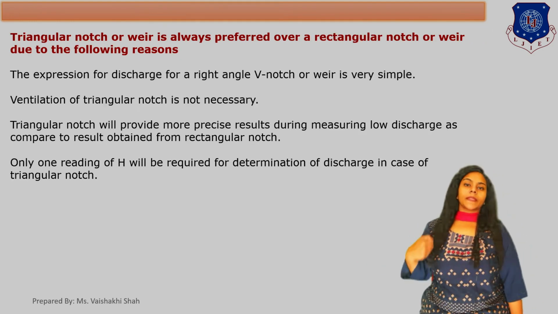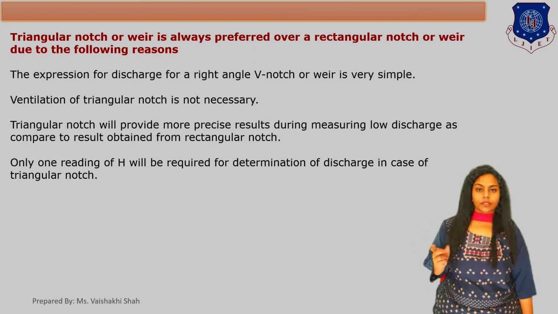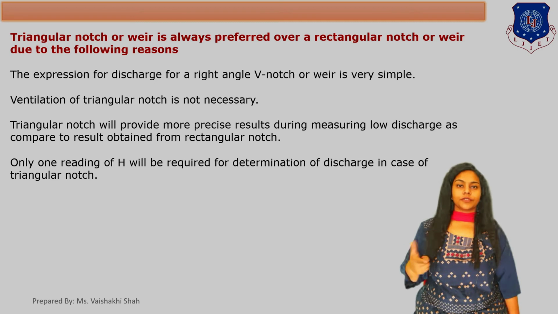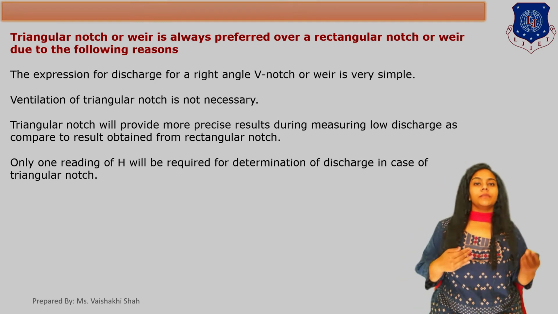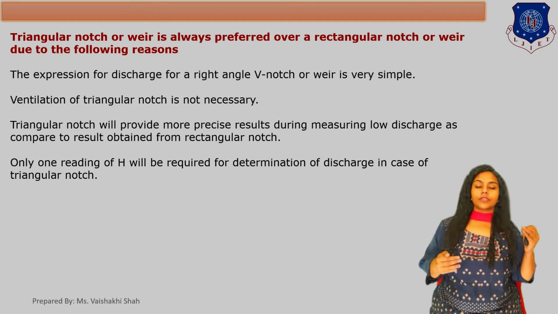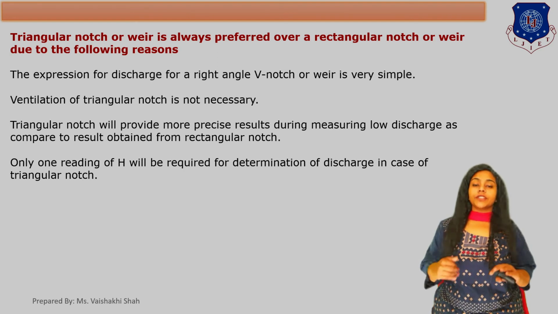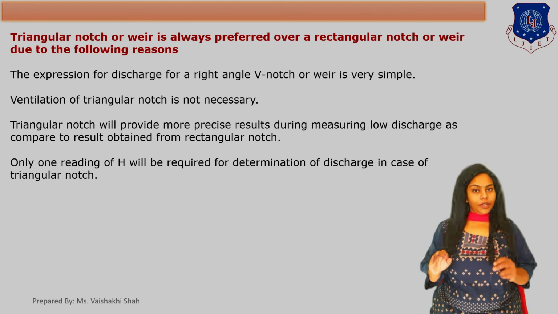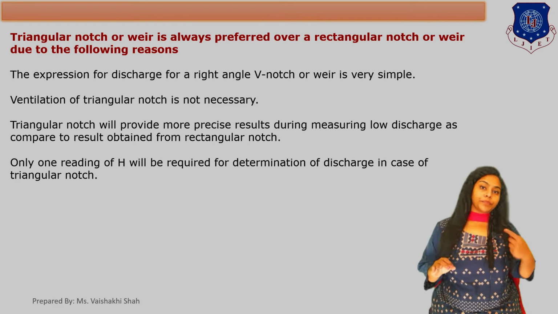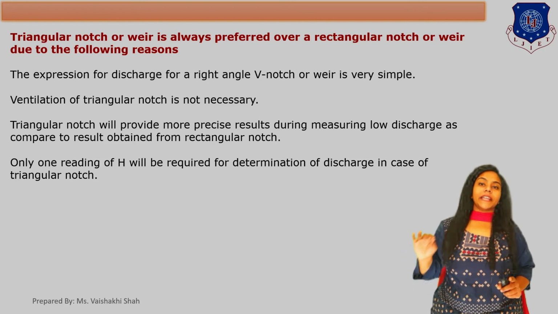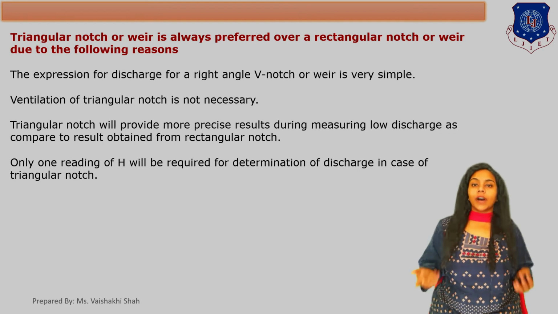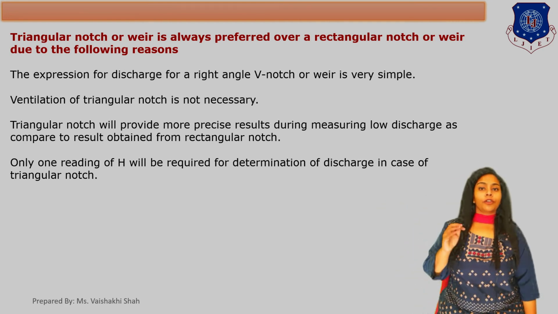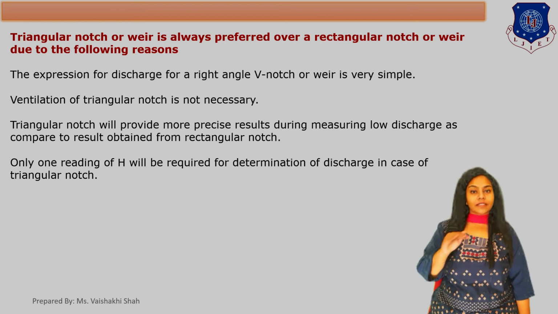Now we studied two notches: first the rectangular notch and second the triangular notch. There is a comparison between the triangular notch and rectangular notch, as to which is more preferable to use. A triangular notch or weir is always preferred over a rectangular notch. Why? The expression for discharge for a V notch is very simple.